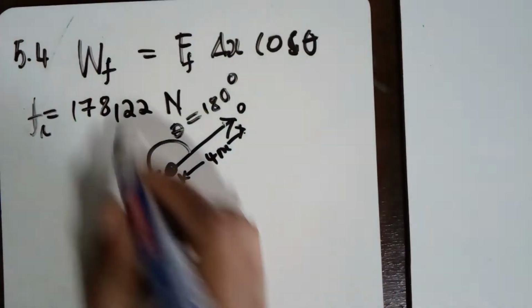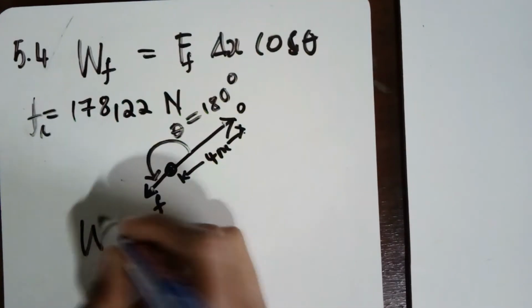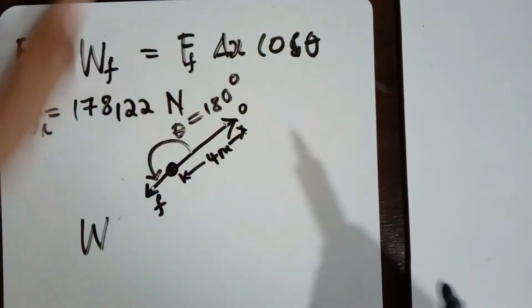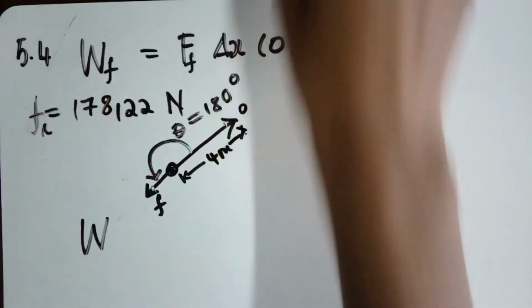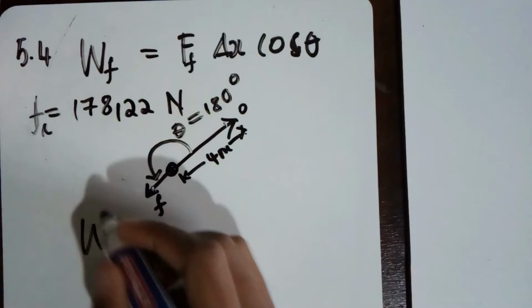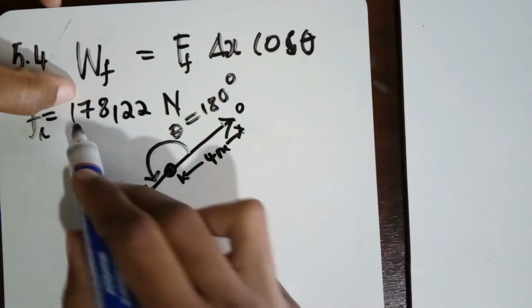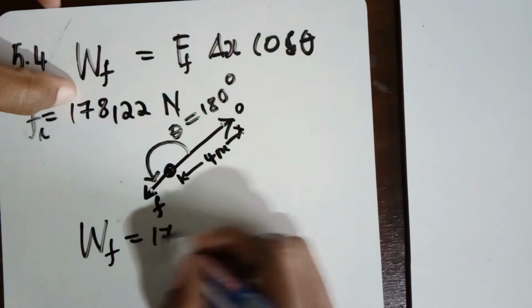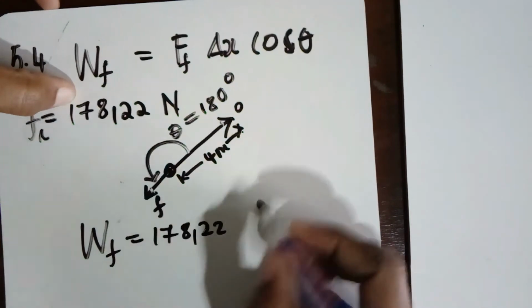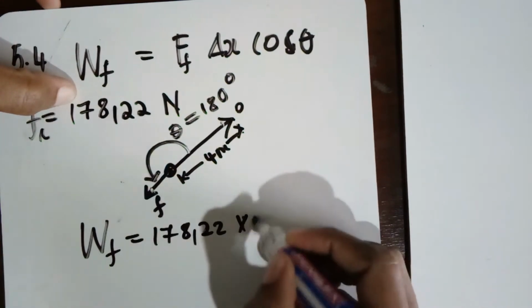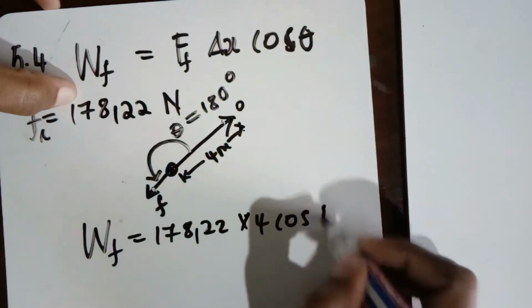And then work is a scalar quantity, so you don't need to worry about direction or putting a negative or a positive. So we'll say work done by the friction will be given by our frictional force, 178.22, our change in x multiplied by 4, times cos of 180.